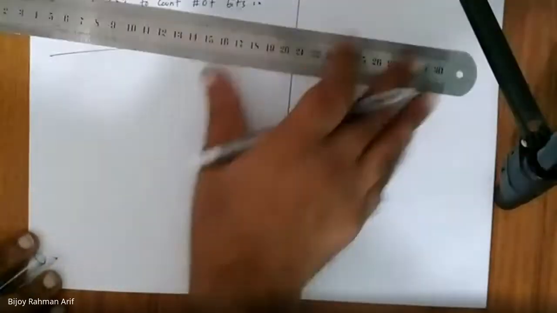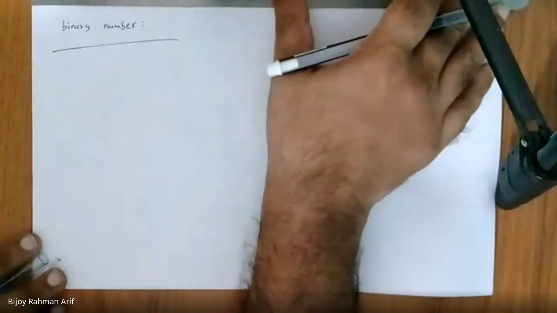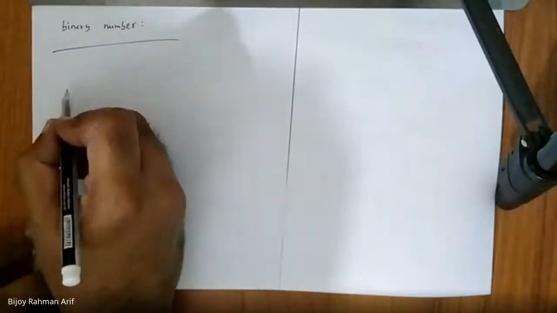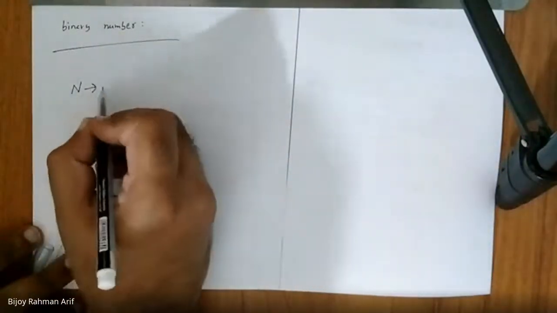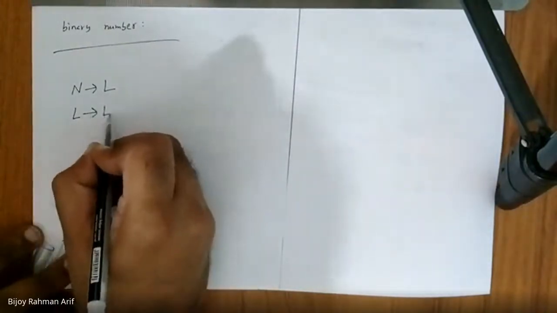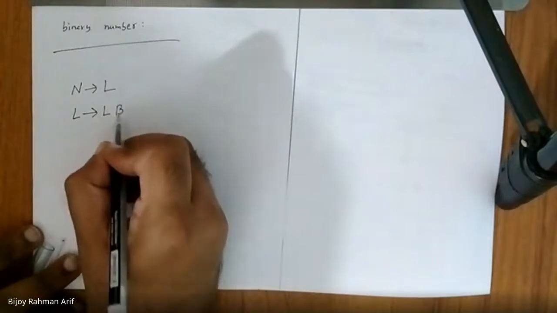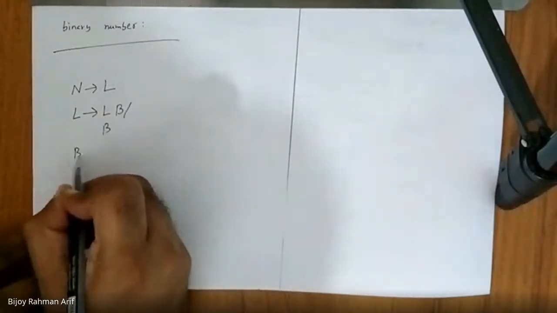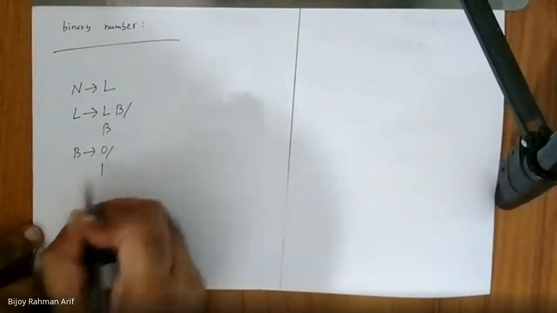So let's take this grammar. Number, N derives list, list is nothing but list followed by bit or bit. Bit is 0 or 1.